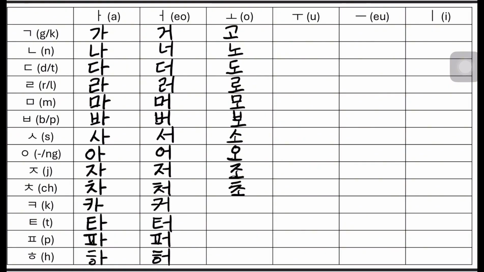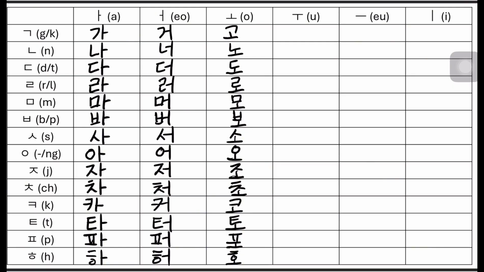CH and O is cho. K and O is ko. T and O is to. And P and O is po. Okay, and the last one, H and O is ho.